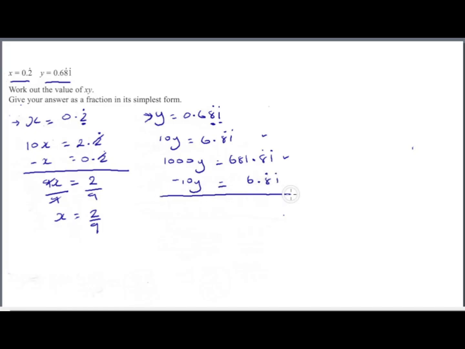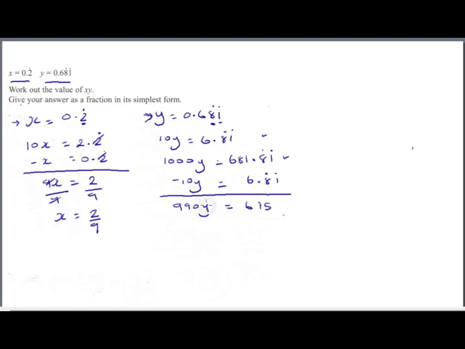So let's go ahead and subtract them. So 1,000y minus 10y, that's 990y, which is equal to 681.81. Subtract 6.81, you're left with 675.